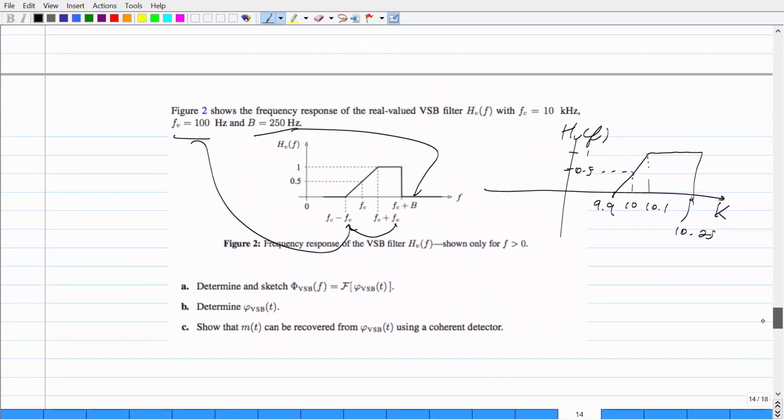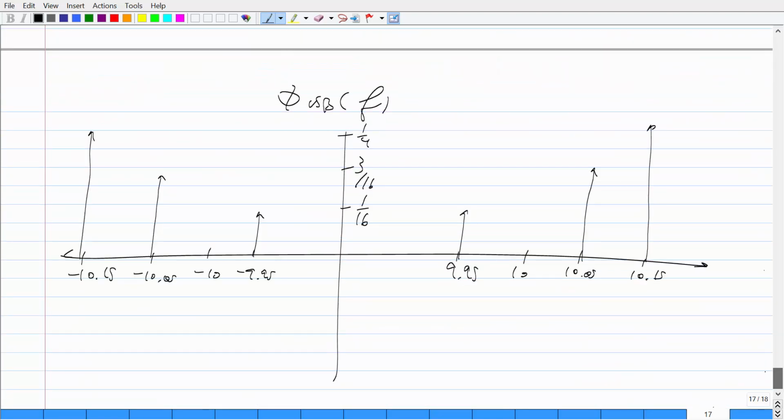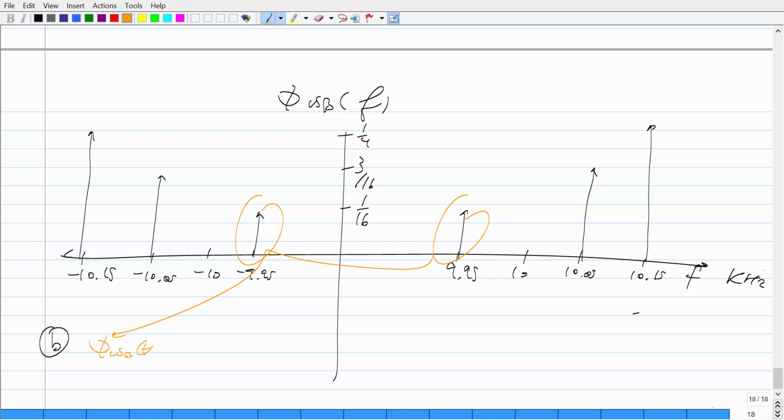Okay, so determine the VSB output. We have to figure out what the actual time domain signal is going to be. That's actually pretty straightforward. So we have cosine waves, defined in terms of kilohertz. This is your output in terms of your vestigial.